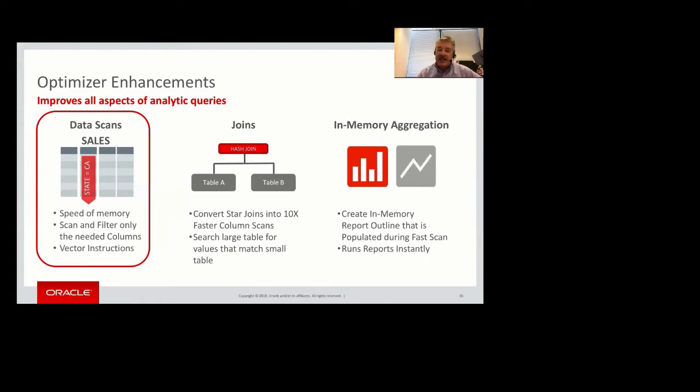Also, it can push aggregations into the scan. So I like to tell people the ideal Database In-Memory scan is one that we can do strictly by accessing the data in the column store and returning the result back to the calling query. That's not always possible, but that's the goal, to be able to do all of the work that we can in the scanning of the data in the column store.